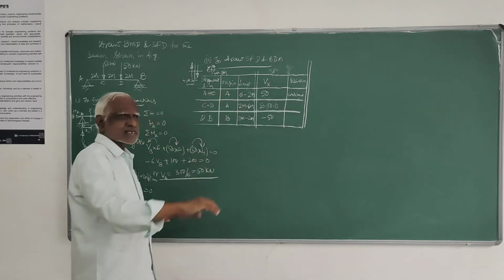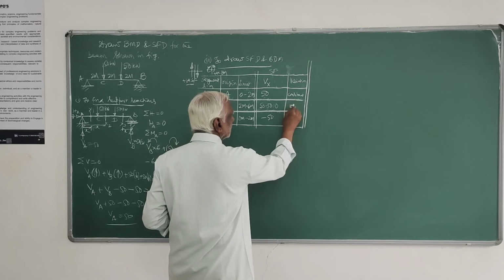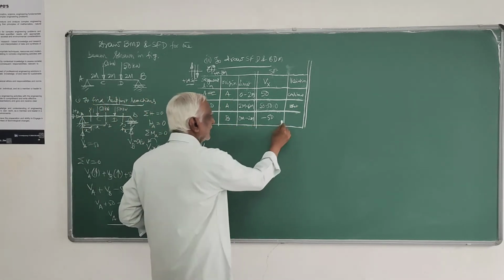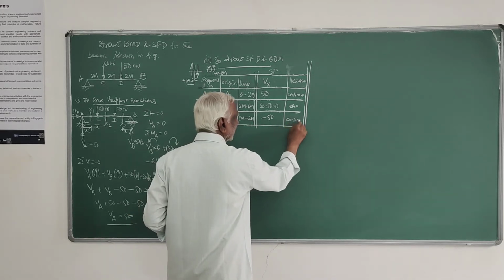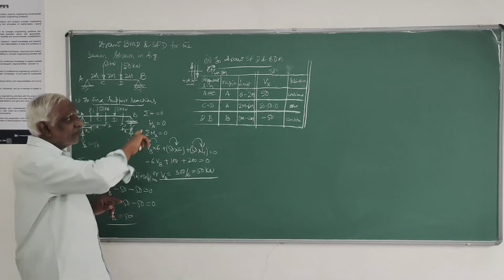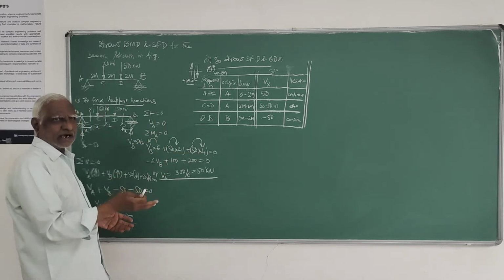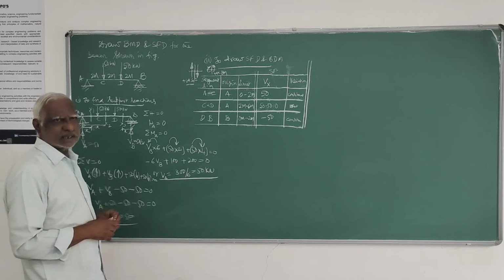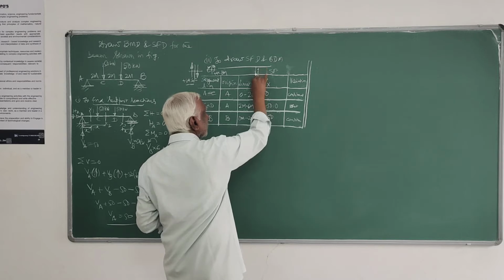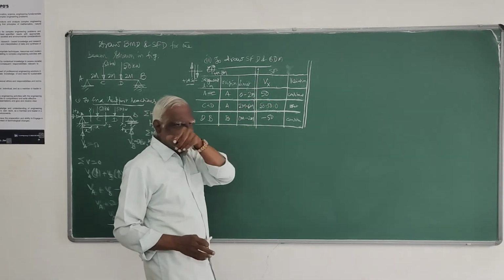Here it is 0, constant. Here again it is constant. If it involves x, then it is linear variation. If it involves x squared, then it is quadratic or second degree curve. Like that you can judge and write that. So it will give you the shape of the curve between those edges.